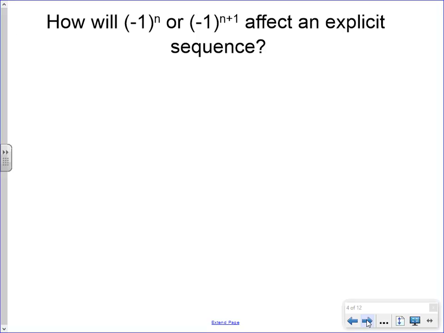If our sequence has one of these 2 things multiplied to it, how is that going to affect our sequence? If you want to think about like -1 to the n times 5n minus 3, or vice versa, what is that piece going to do to the terms in our sequence? You and your pod talk about it first.